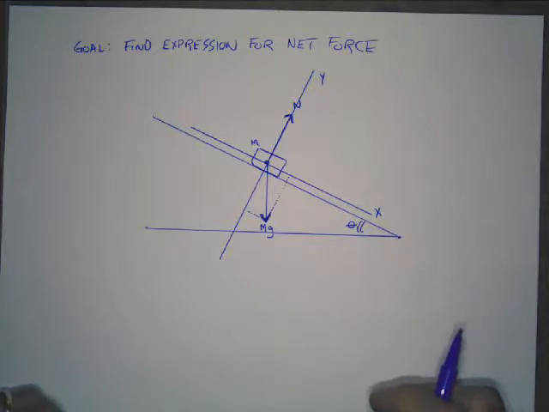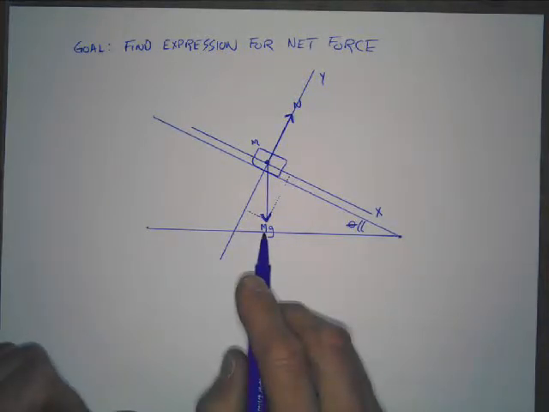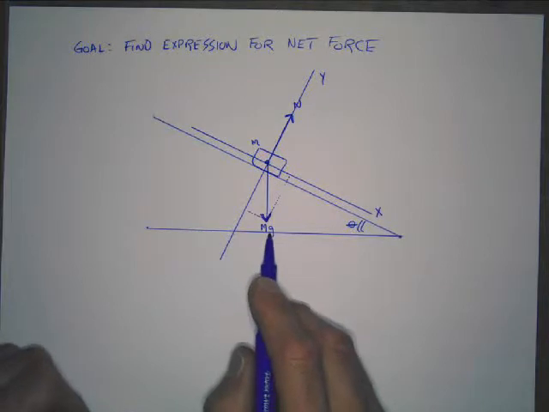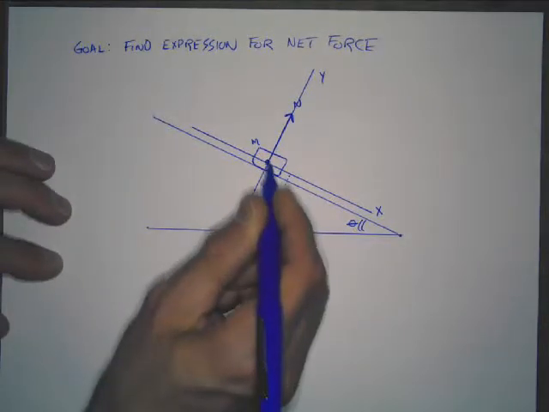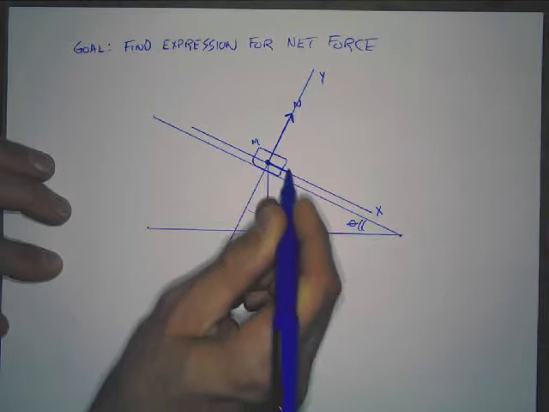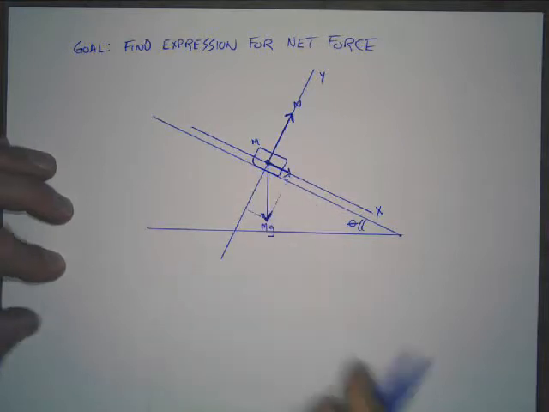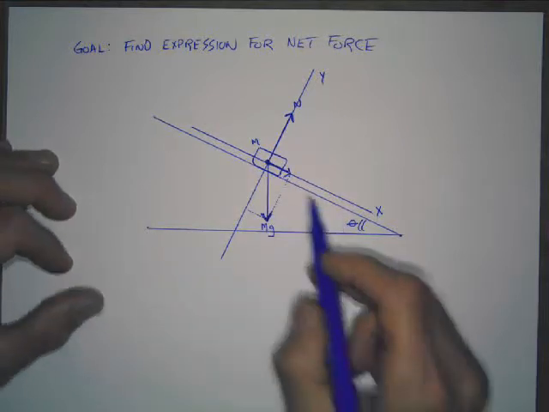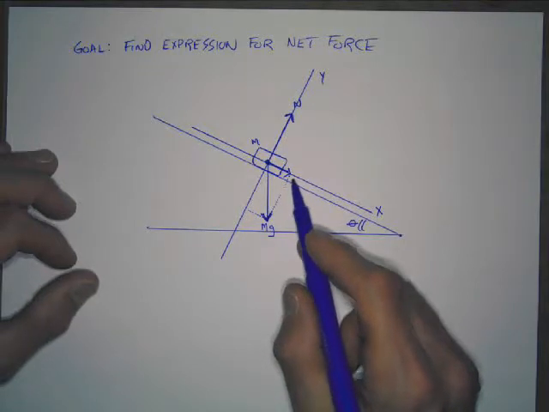And so the reason for doing this, if you recall how we found components for projectiles, is we're going to do the same thing now, except now you have a force. And that force has components. And the components are drawn from the origin to the ends of the box. So I'm going to draw that component there.